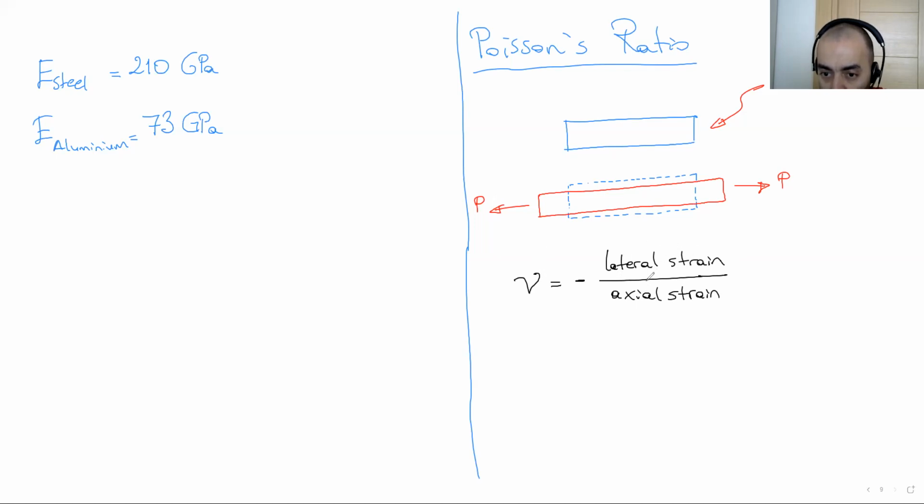It makes reduction on the section, but axial strain is positive because it makes elongation in the length direction, longitudinal direction. The result will be negative. That's why in our equations we put a minus here. The result comes out positive. So, but you understand what the behavior is. This ratio is the Poisson's ratio.